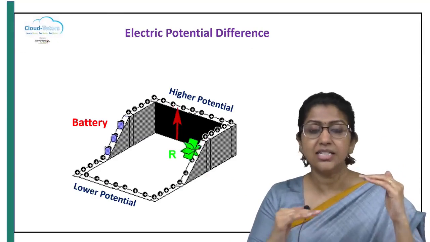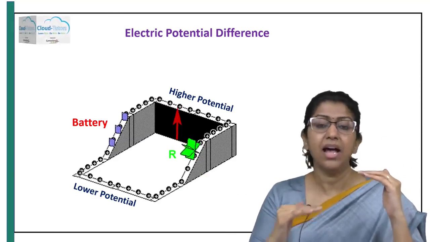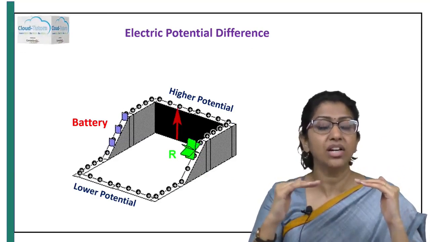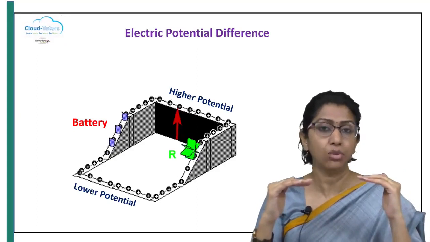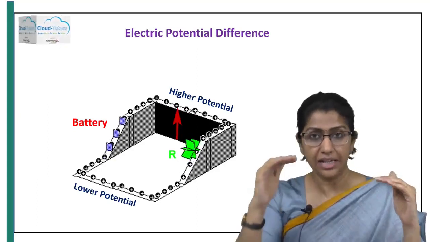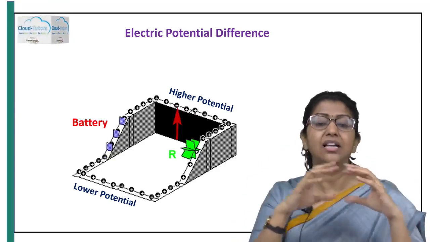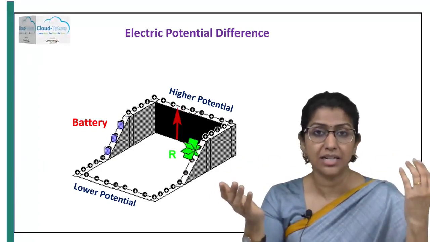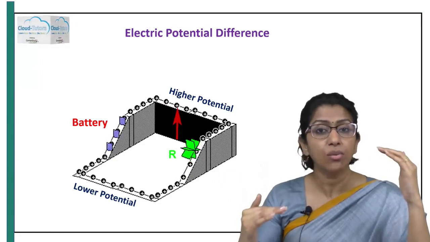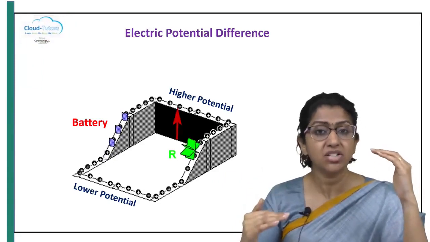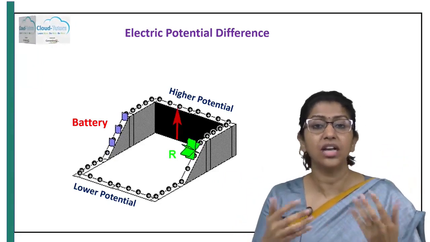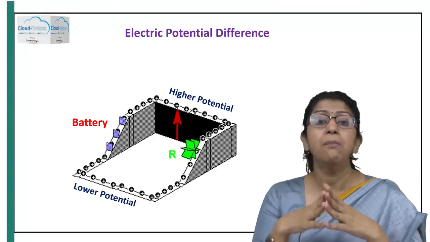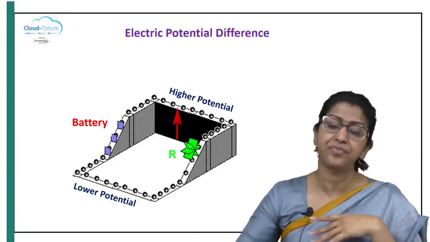Correct? It is exactly the same as two buckets with water at the same level: there will be no flow or exchange of particles. So what do we need to do? We need to create a pressure difference. In terms of electricity, we call this potential difference.